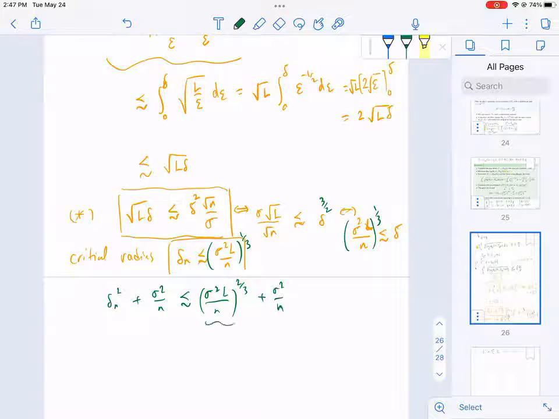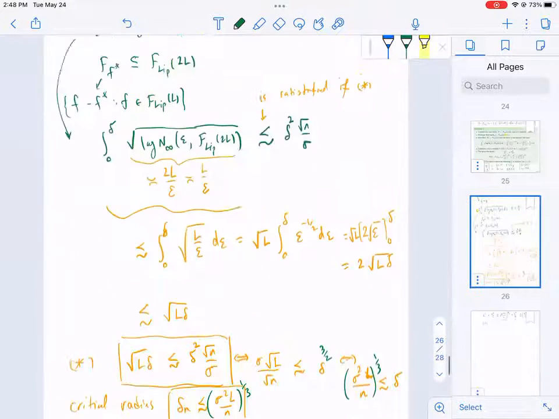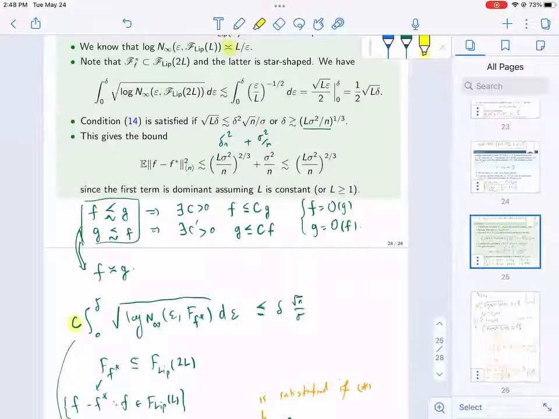This is dominant because 2/3 goes much slower. Let's say L is bigger than 1. Then the second term is dominated, up to constants, by this. This is the parametric rate. This is a non-parametric rate.